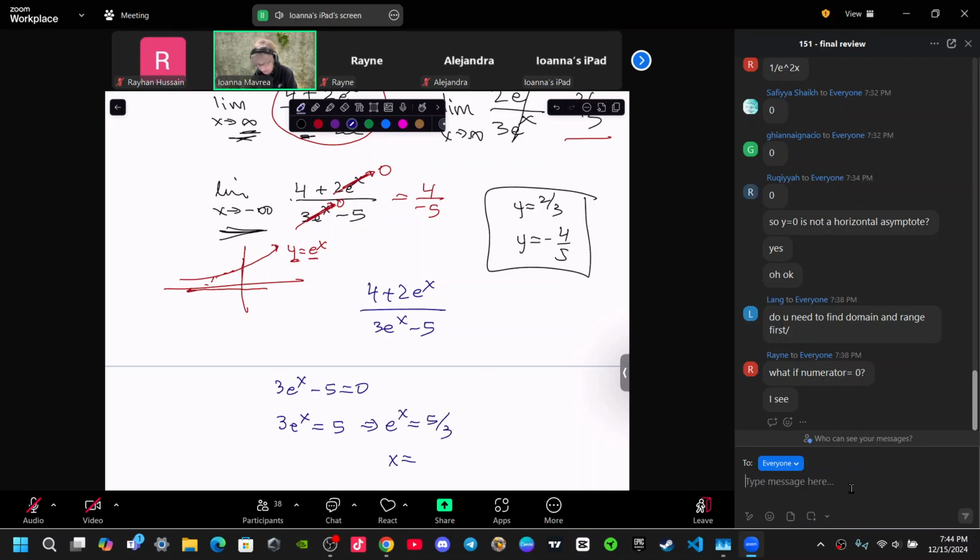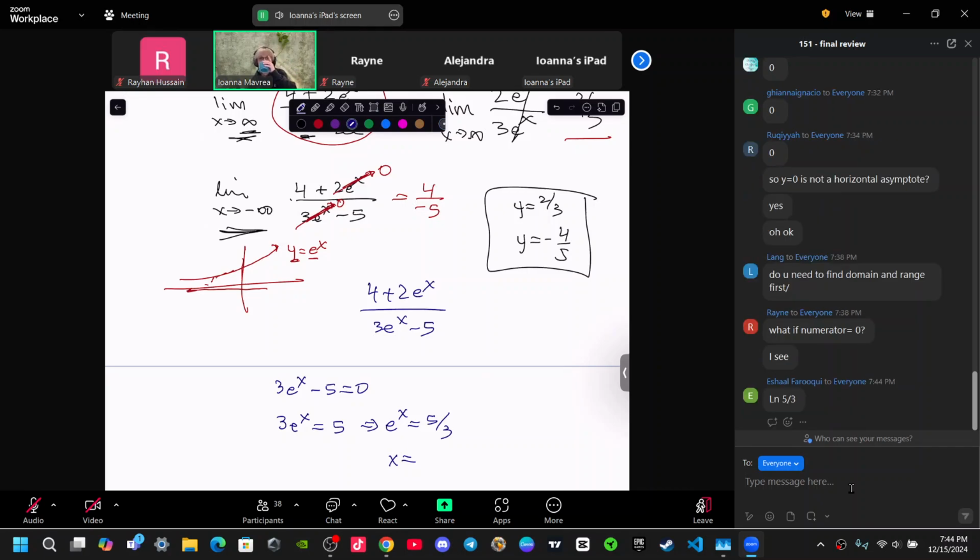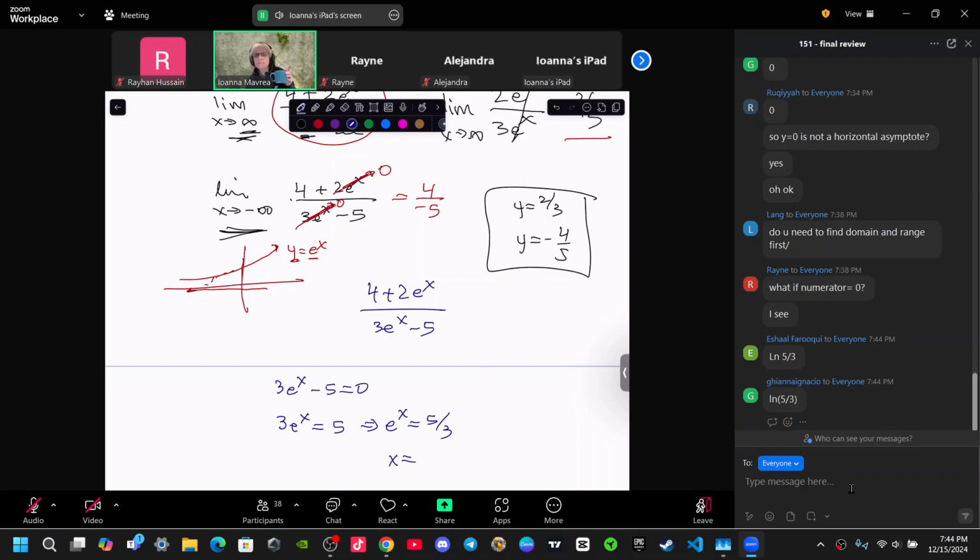So what's x? Right. That's a vertical line. That's your vertical asymptote. So you have two horizontal asymptotes and one vertical. Make sure you know how to do that.